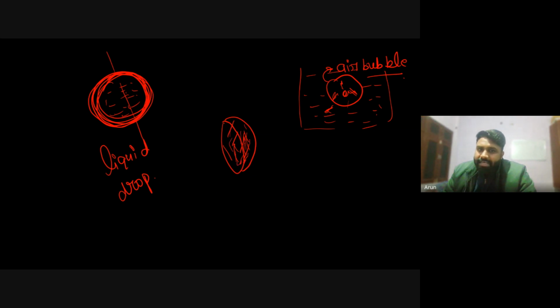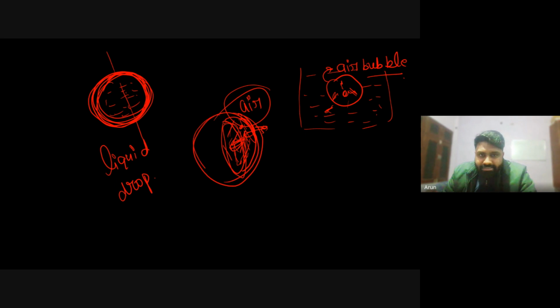Inside this surface you have only liquid, and at this surface you have air. So there is only one surface interacting between liquid and air, and inside there is only liquid. So there is only one free surface in that case, because inside there is water or any liquid, and outside it can be air, if it is a raindrop.